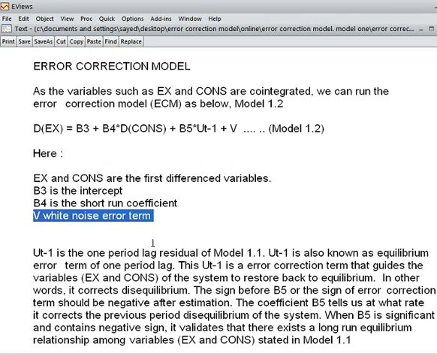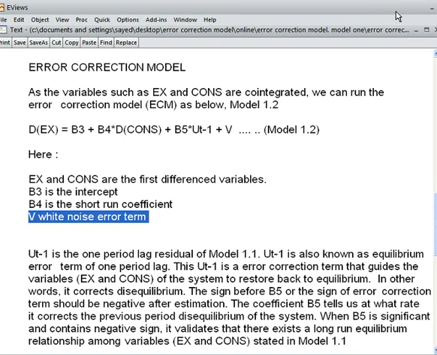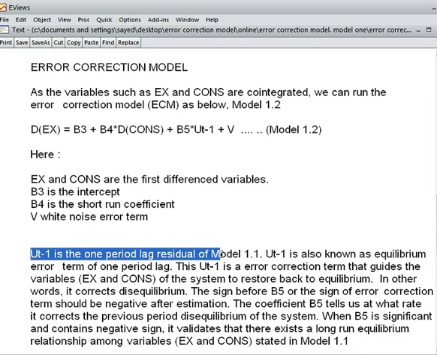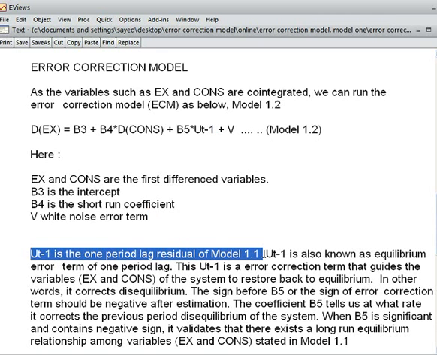But here the most important thing is the error correction term, this one. It corrects the disequilibrium. What is it? ut minus 1 is the one period lag residual of model 1.1. I'm showing again: ut minus 1 is the one period lag residual of model 1.1. What is model 1.1?